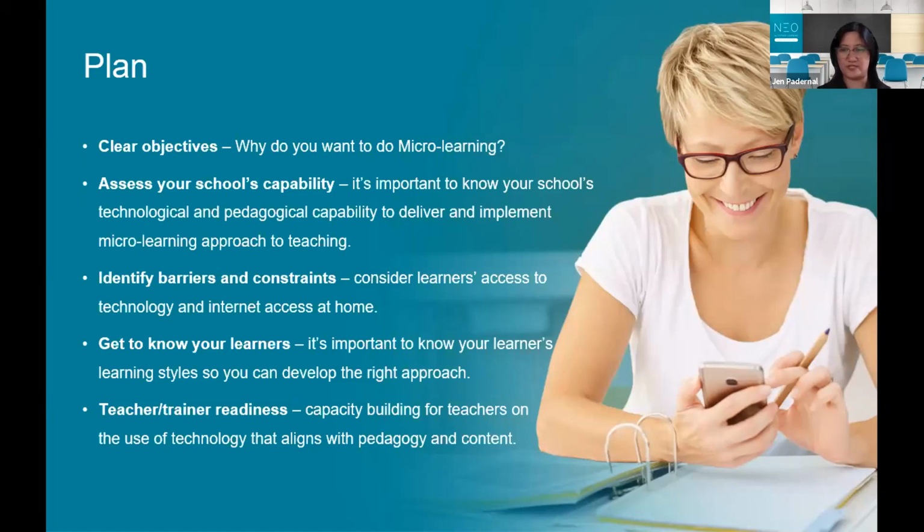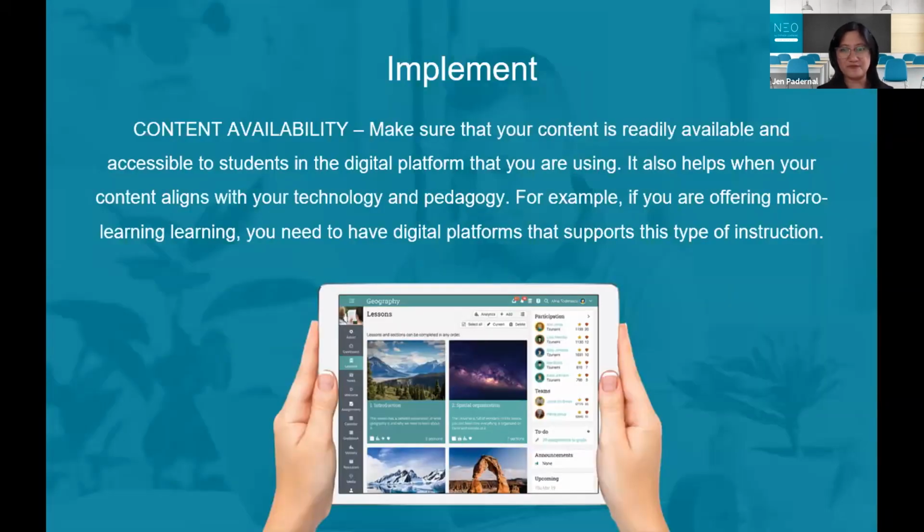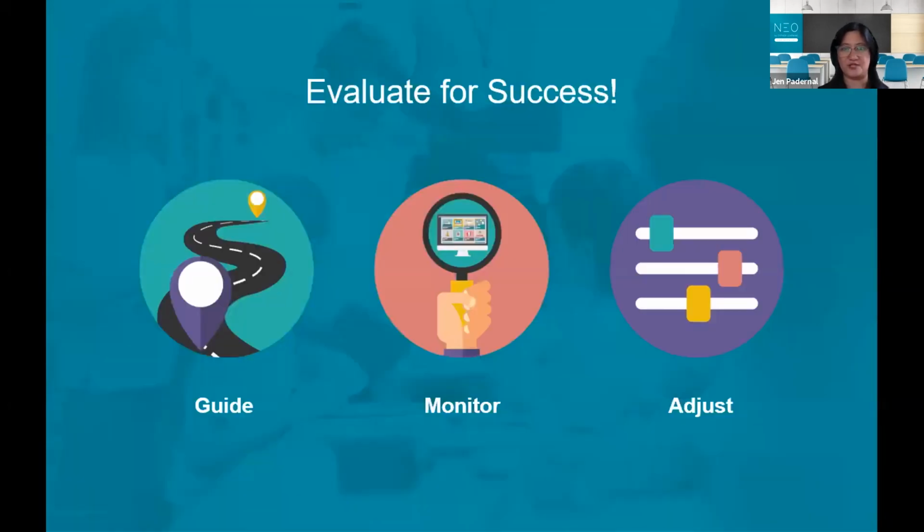Then after that, of course, we implement. We have to make sure that our content is always readily available in the platform that we're using, and that the platform supports a micro learning style of teaching and learning. And then after implementation, of course, we need to evaluate if what we have done is successful.